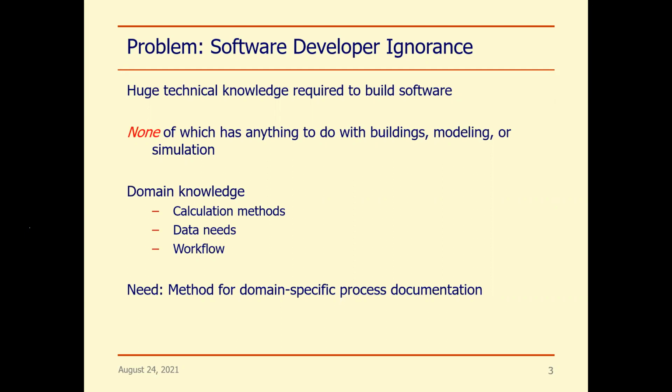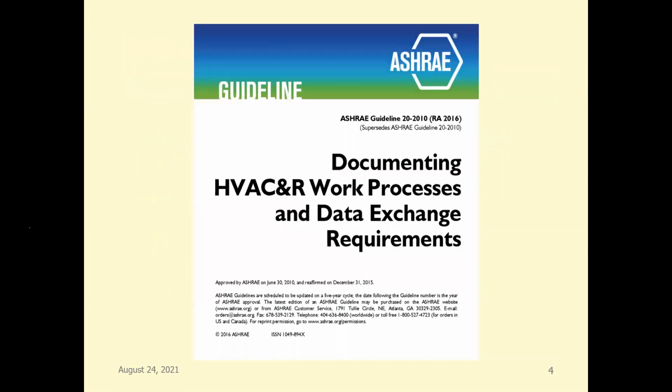So the need was seen as getting a method for capturing domain-specific processes that could then lead to better software. That produced the ASHRAE Guideline entitled Documenting HVAC&R Work Processes and Data Exchange Requirements.